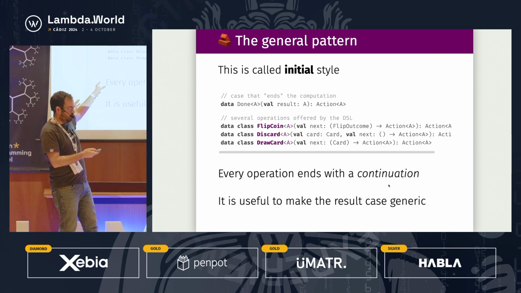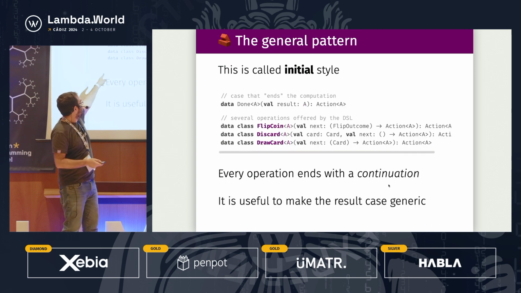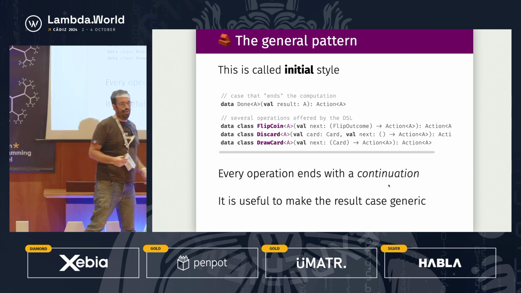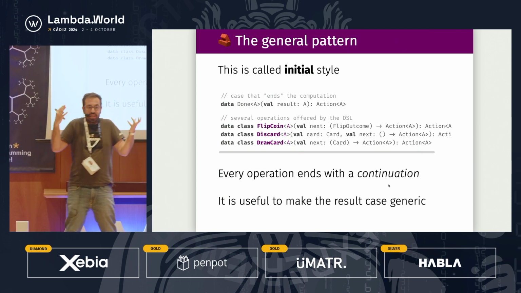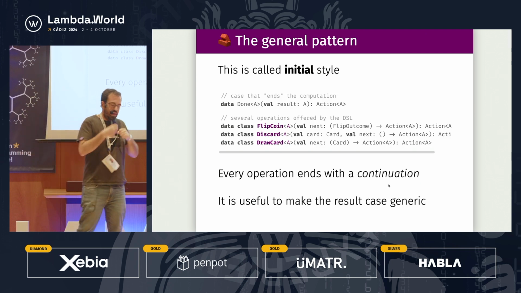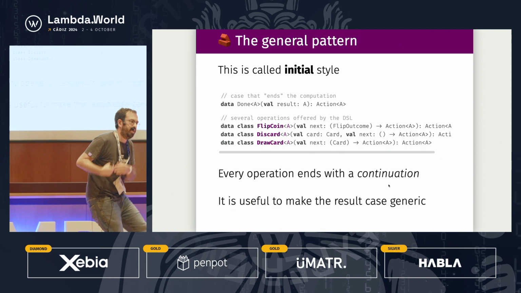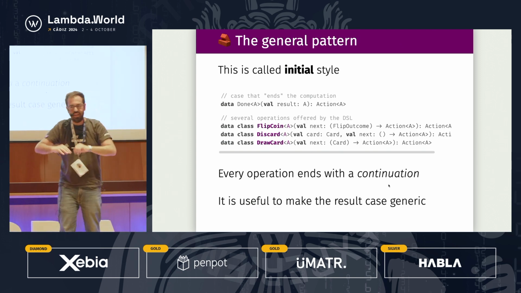If you move from one to the other, it's the same thing, except that the damage is now done of A. So you have this generic parameter, and this has like a domino effect, and everything now needs a lot of brackets with A. But essentially, that's the idea. We are just going to have a computation which is doing a bunch of things. Each thing has a continuation which says what to do next, and at some point you are done, right? We finished our program.